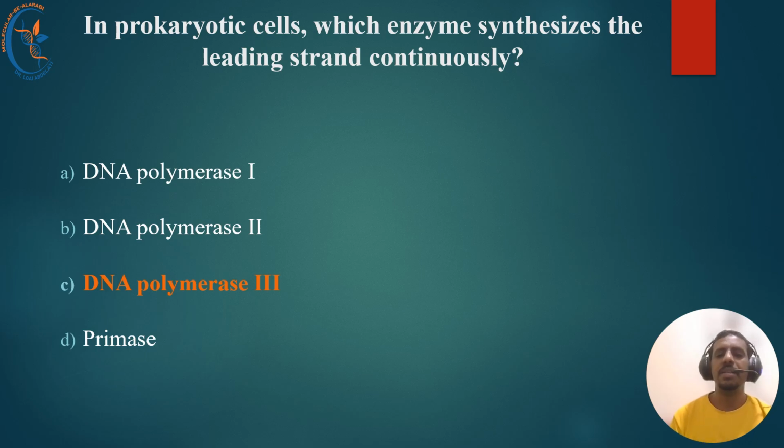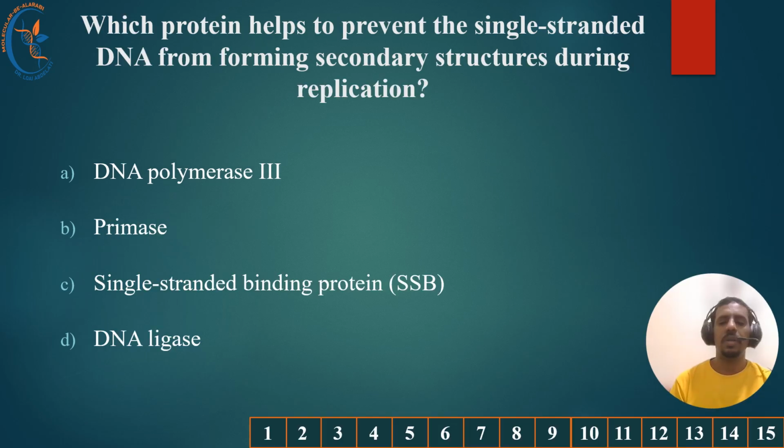DNA polymerase III synthesizes the leading strand continuously in the 5' to 3' direction during DNA replication in prokaryotic cells. Alright, let's move on.